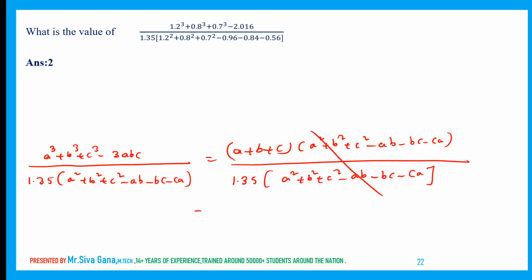These get cancelled. A is 1.2, b is 0.8, c is 0.7, divided by the leftover denominator 1.35. So the numerator is 2.7, the denominator is 1.35. This is nothing but 2. Very good question.